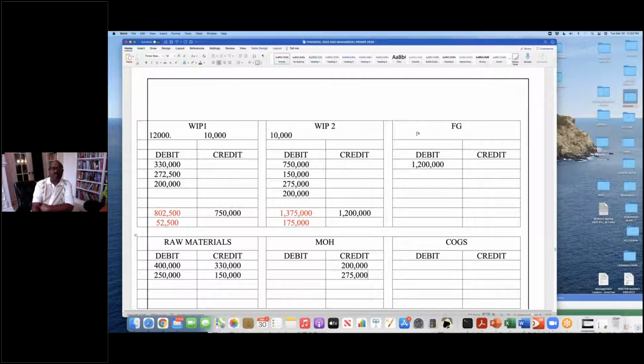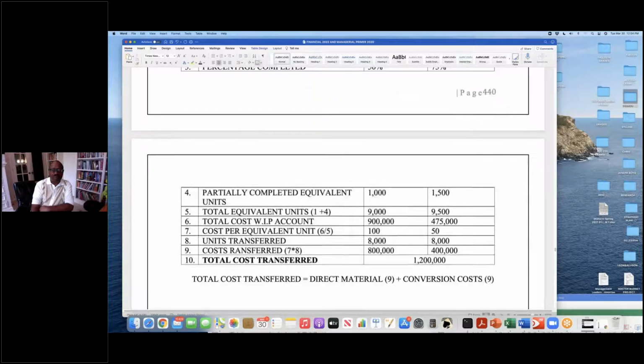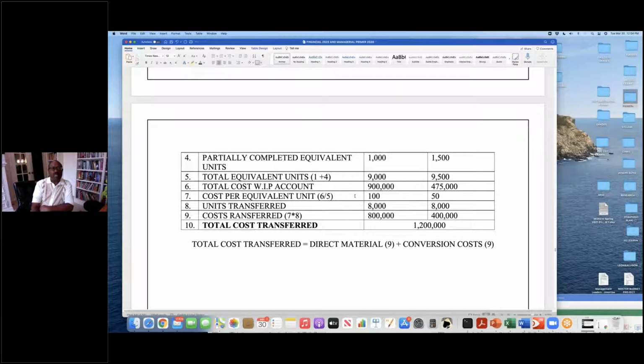How many units over here? 8,000. So what's our unit cost going to be? 150. Look, yeah, 150. How much are these costs on line 7 here, if we add them up? 150. Okay.